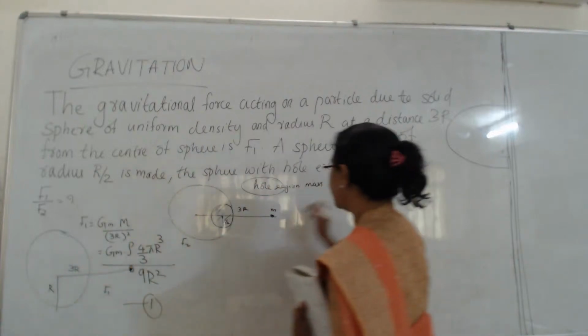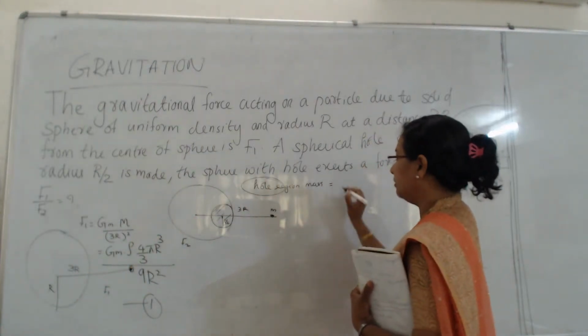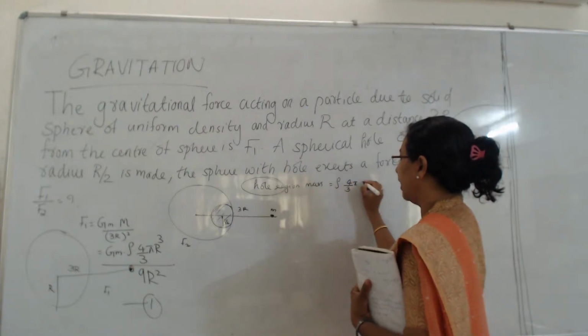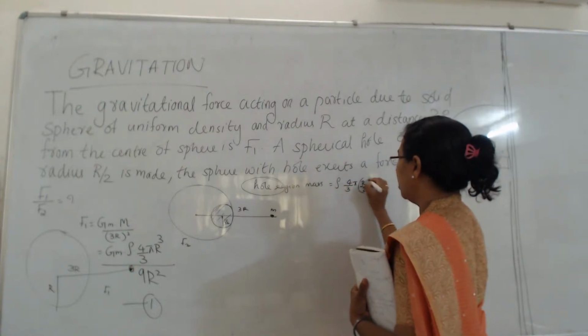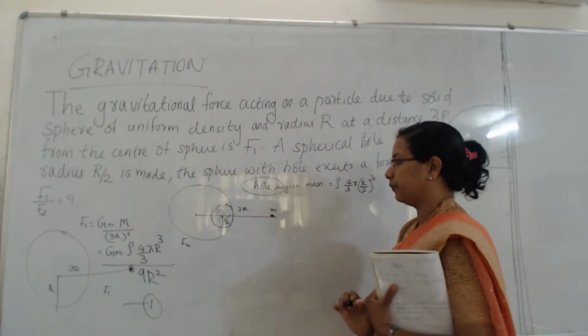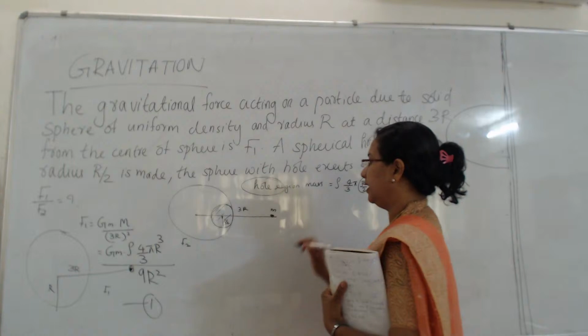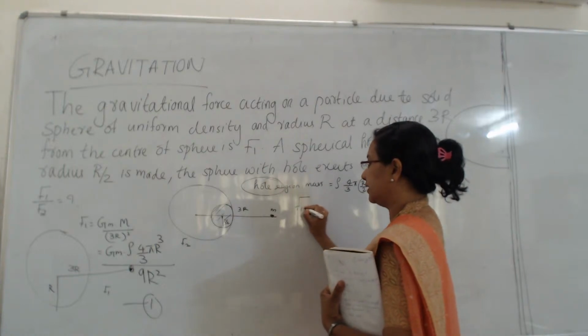Mass of the whole region is nothing but density into volume, 4 by 3 pi r by 2 the whole cube, will be the mass. Then for that whole region, what is the force exerted?